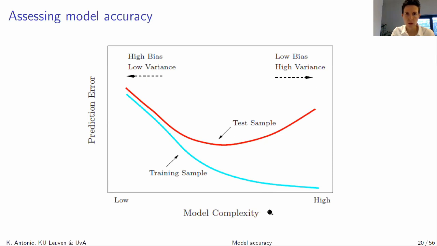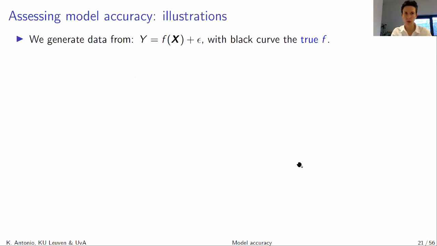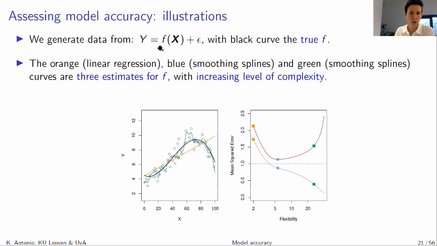So we're going to do this by looking at a few examples, and we're going to start with regression type of examples. Let's say that we would generate data from the following specification: y is f of x plus epsilon, and we're going to simulate from a given curve, a given true f, right? In the pictures that you will see appearing on the screen, this true f is going to be put in black. Sorry for that, right?